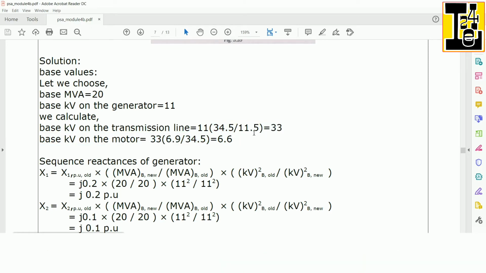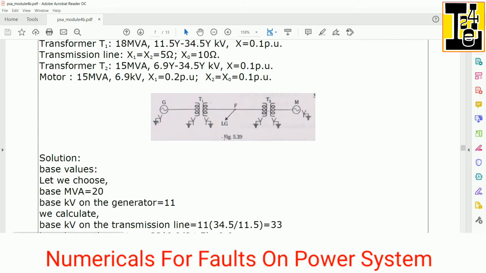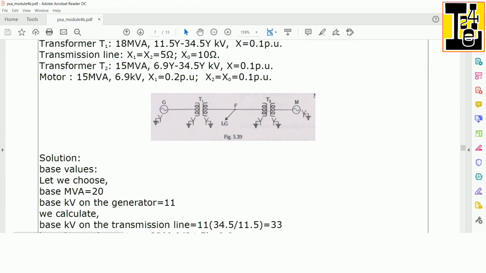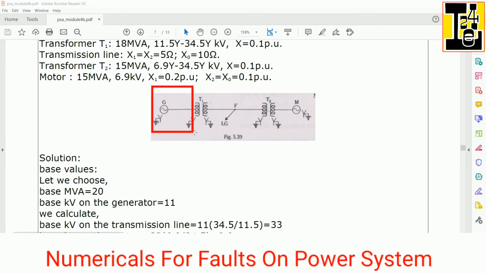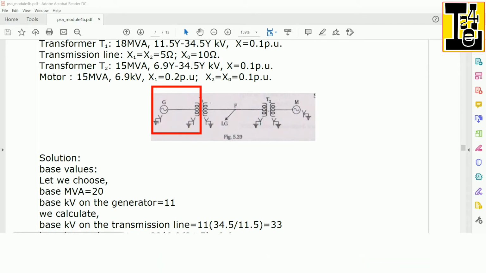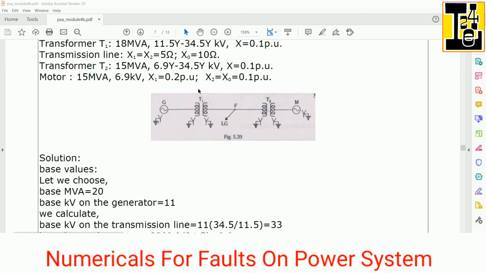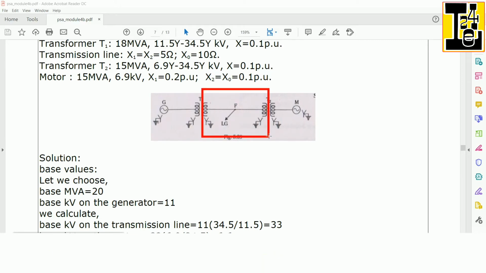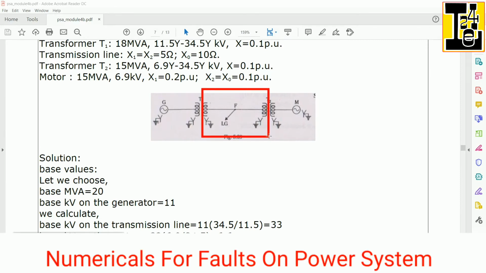How do we calculate the base voltages? By means of the transformer ratio formula. If we know the base voltage initially at the generator side, including the transformer primary, we can calculate the base voltage at the transformer T1 secondary side, including the transmission line as well as T2 primary.